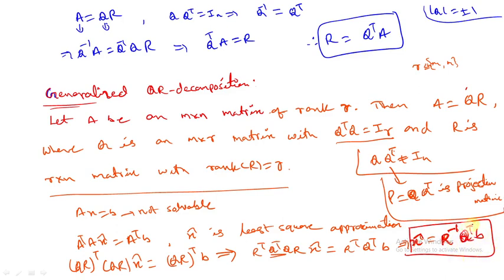We know Q is the orthogonal matrix, R is the upper triangular. R inverse into Q transpose B gives the effective best approximation.